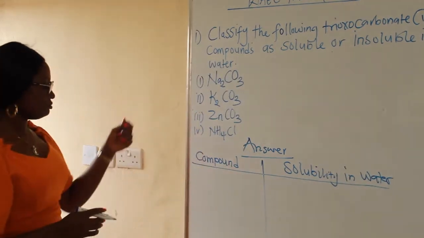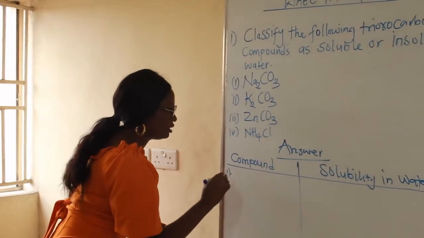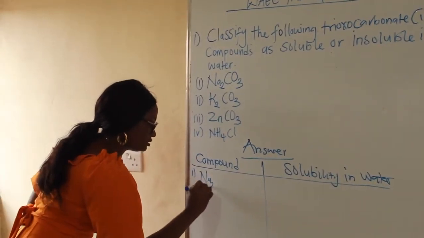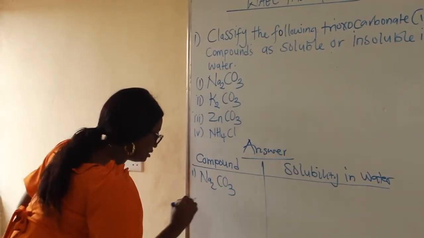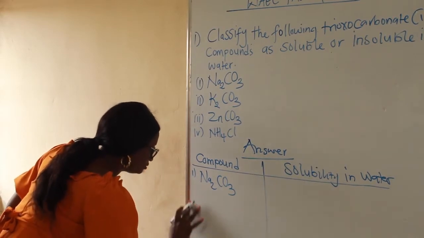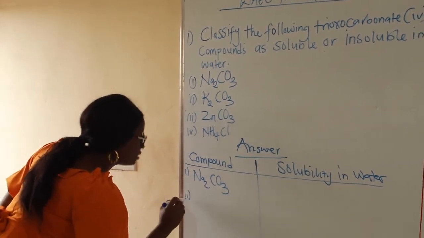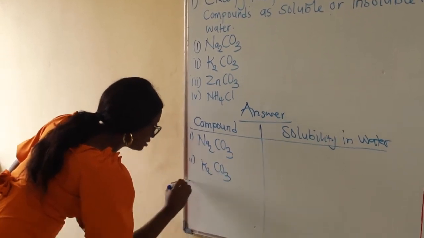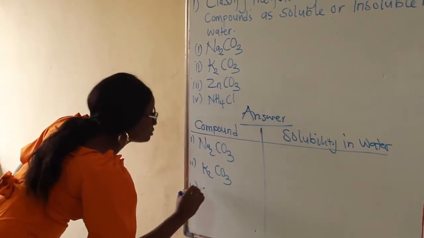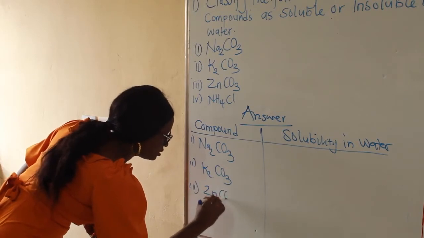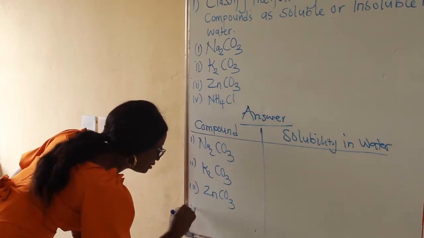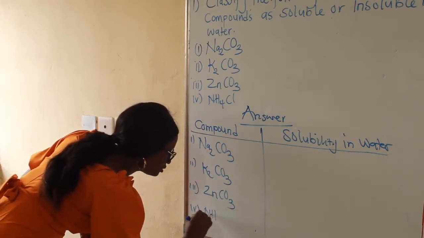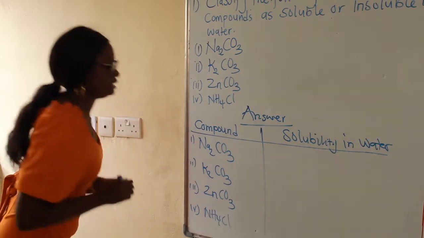Okay, so you write the first one, that's sodium carbonate. The second one is potassium carbonate. We have zinc carbonate, and then we have ammonium chloride.